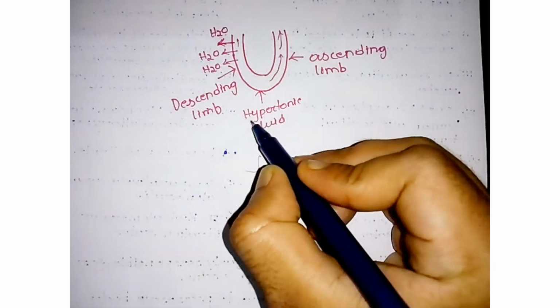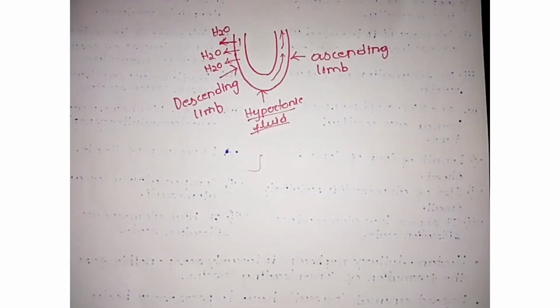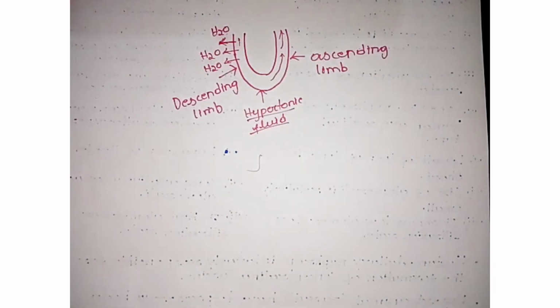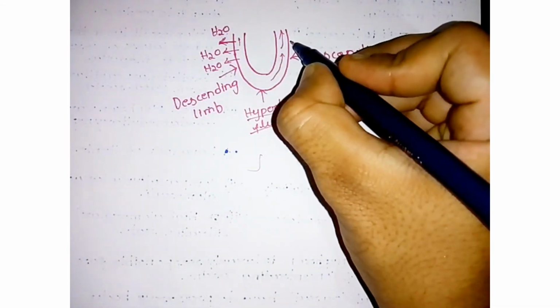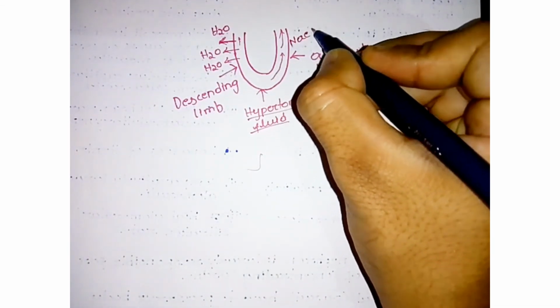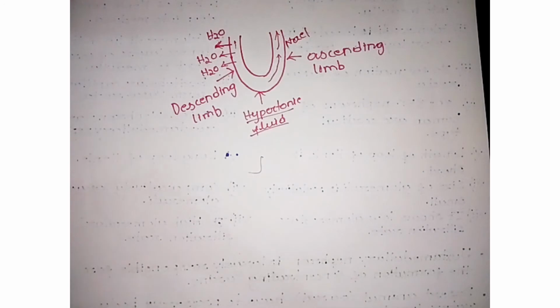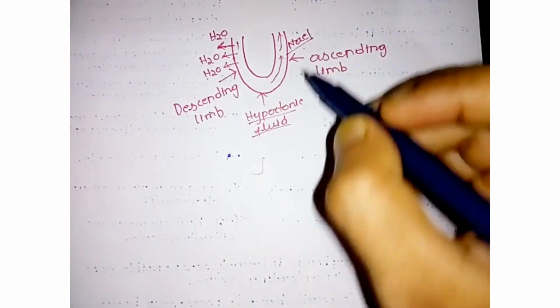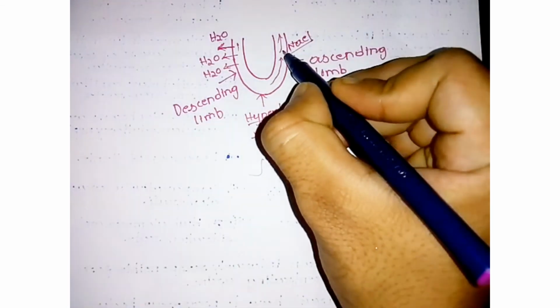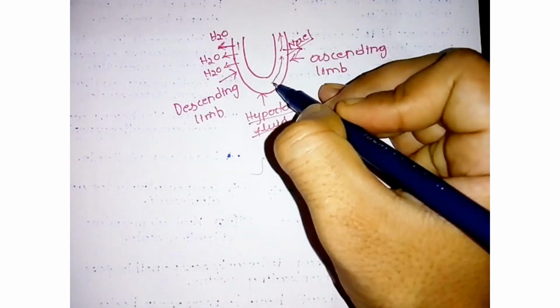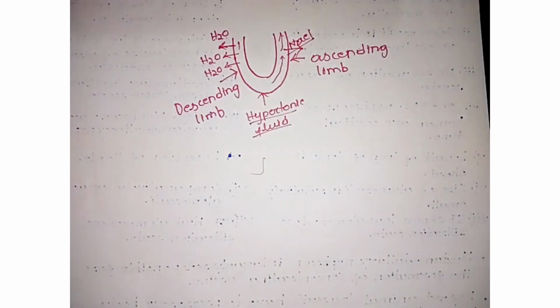Now this is hypertonic fluid, and there are some co-transporters present like NaCl, NaKCl. Suppose you have to know that NaCl moves out from that filtrate.